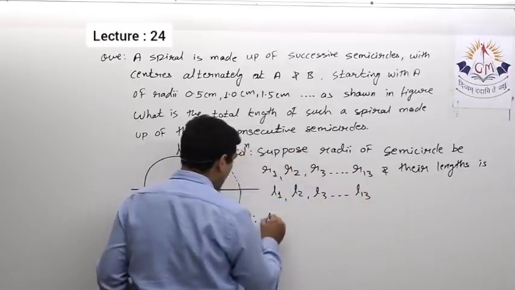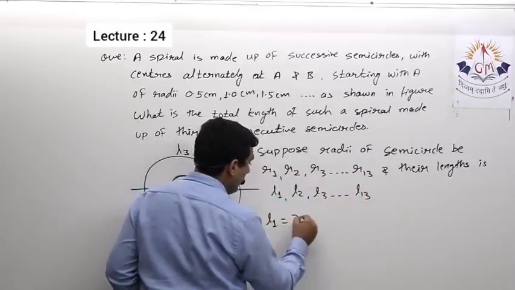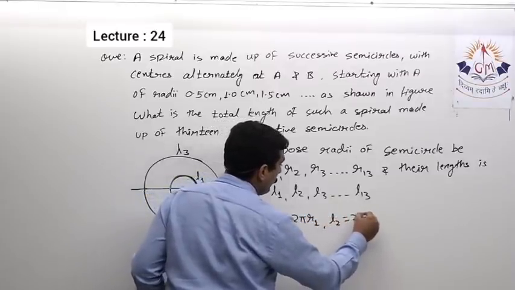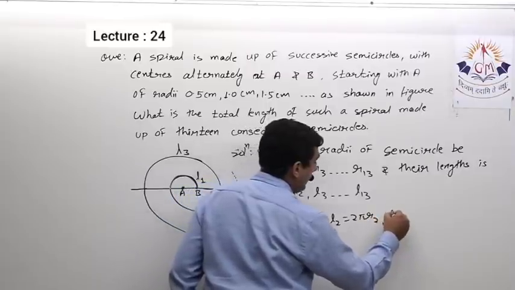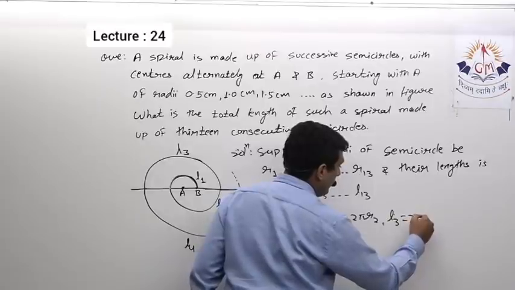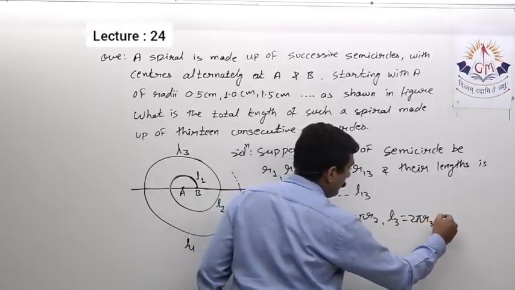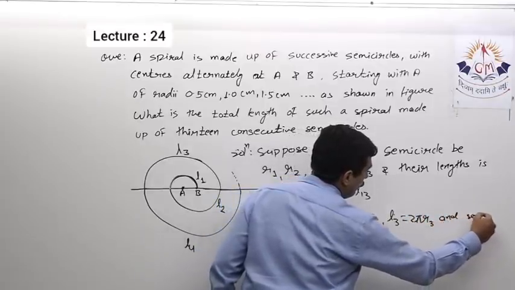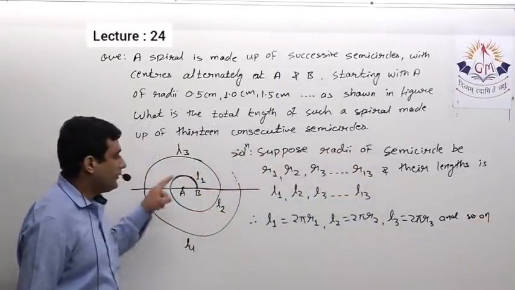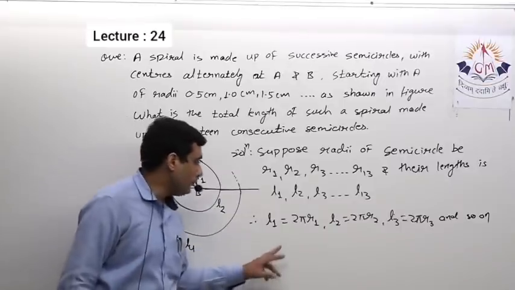Therefore I can say L1 is equal to pi R1, L2 is equal to pi R2, L3 is equal to pi R3, and so on. Now what we have to find is L1 plus L2 plus L3 up to L13.